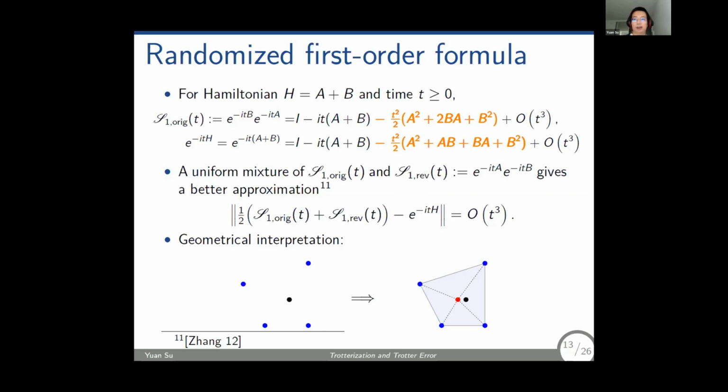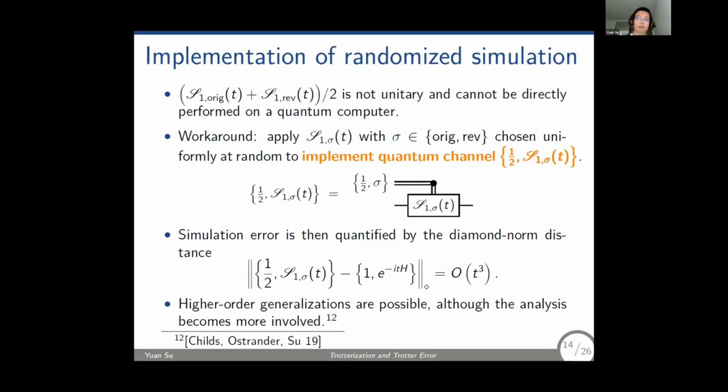Okay, so there's a caveat here. You have to be careful because when you take the linear combination of unitaries, you don't get a unitary in general, so you can't directly implement that on a quantum computer. You can potentially use some of the tricks mentioned in Nathan's tutorial, but that could introduce an overhead. Instead, a workaround that we propose is to introduce some randomness.